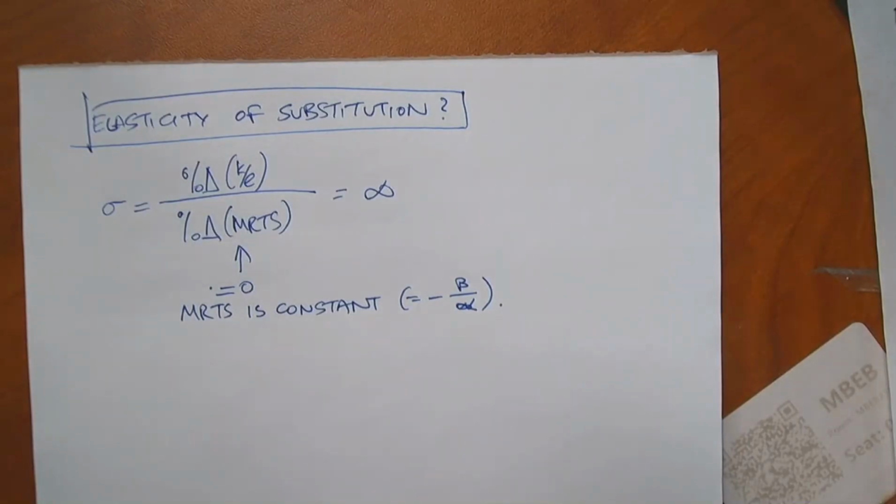High elasticity of substitution because as you change the mix of your capital and labor, you're not affecting the relative marginal productivity of the inputs that you're using in the production process. In the book, they essentially just go straight to putting the marginal product of capital over the marginal product of labor and giving the slope of the line that way.